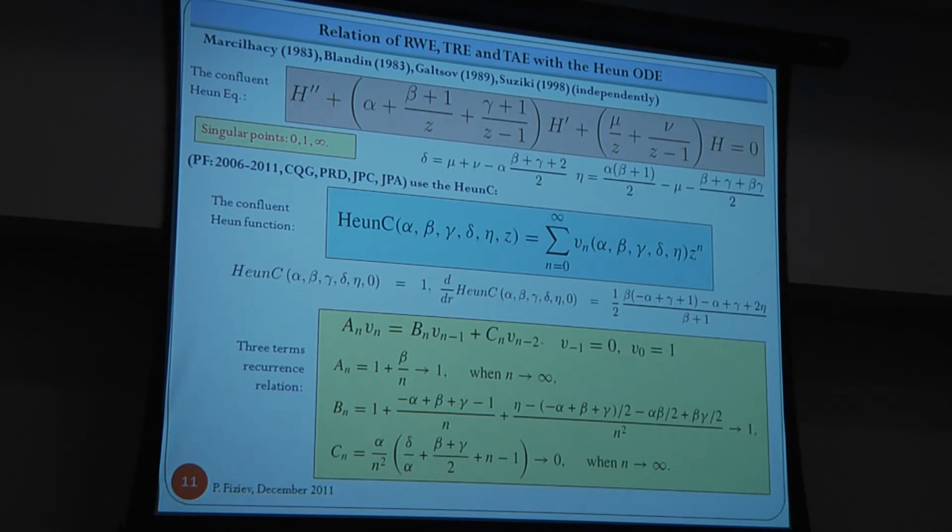And my contribution to this problem is to use some special solutions of the Heun equation, which are called Heun confluent functions. They are defined by this formula, and these solutions are Frobenius solutions, regular at the first point, the 0 point, with respect to the variable z.